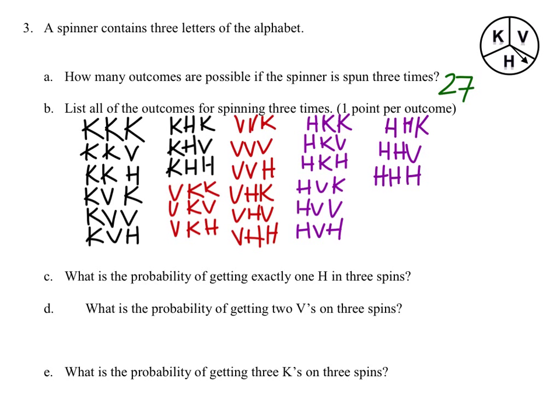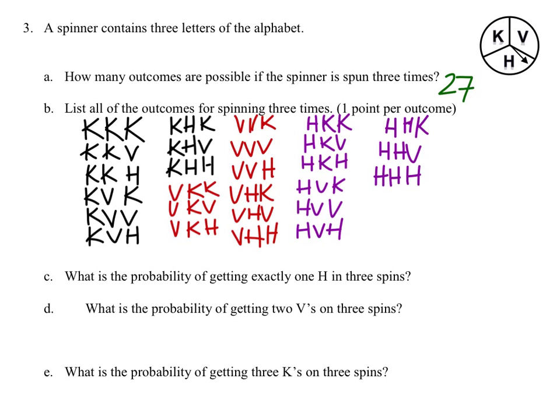Then what is the probability of getting exactly one H in 3 spins? Let's look. I've got one H right here in this set, and one H right here. Counting them, I got 12.